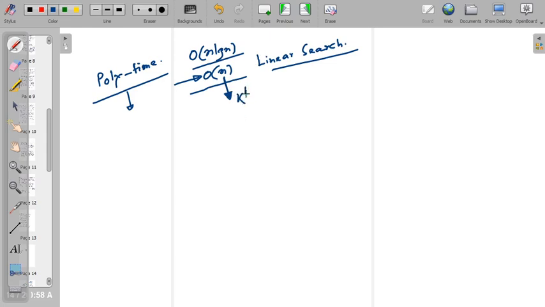Finding the kth smallest element. Majority element, we have found one, order of n.